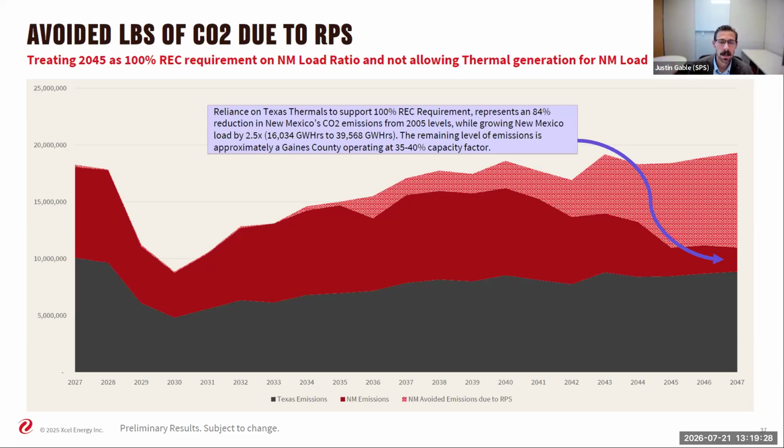Gaines County is a 5 CT unit that was proposed in our 2024 RFP. So that's about the amount of emissions that you would expect annually from about 1,000 megawatts of CTs operating at about a 35 to 40% capacity factor.